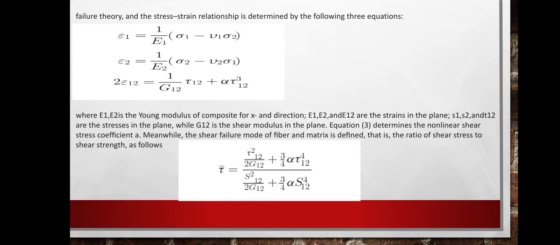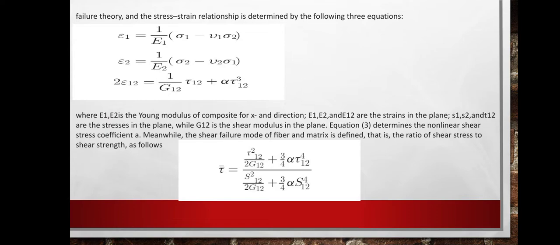Sigma 1, sigma 2 and tau 12 are the stresses in the plane, while G12 is the shear modulus in the plane. In this equation 3 determines the nonlinear shear stress coefficient.